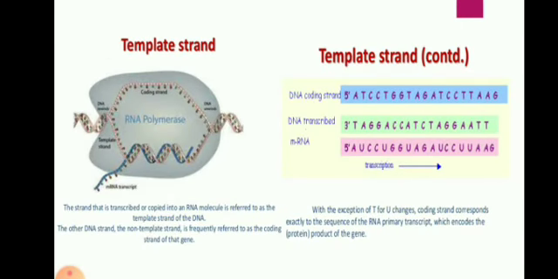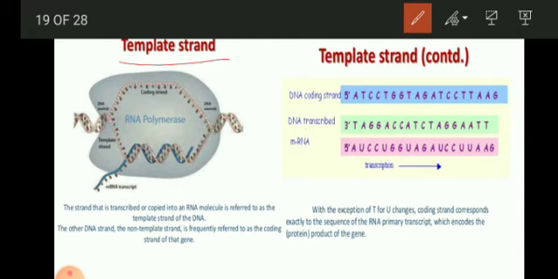So now here you can see that this one is the template strand and this one is the coding strand. Messenger RNA is formed in the 5 to 3 prime direction. Like this one is the messenger RNA, transcribed messenger RNA, because you can find uracil here, and this is the DNA template.